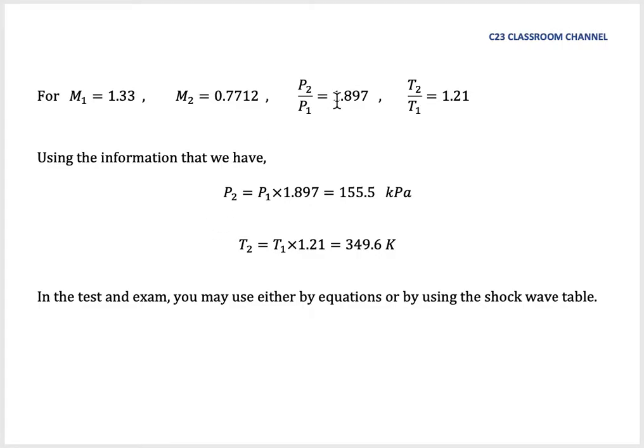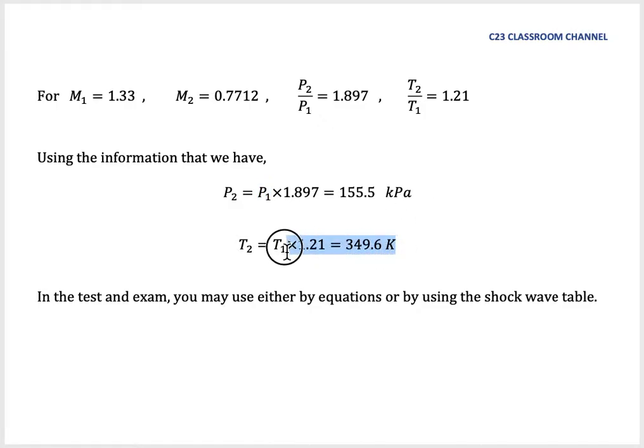So from the ratio here, we could calculate the value of P2 if we know the value of P1. So to get the P2 here, we multiply 1.897 with the value of P1. We could get the value of P2 equal to 155.5 kilopascal.